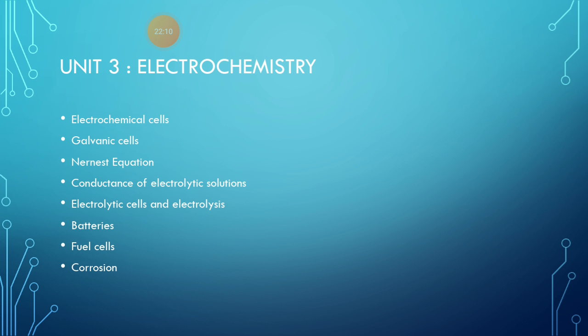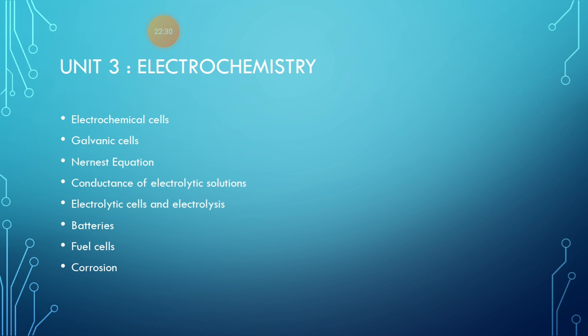Or we are going to learn how some reactions are carried out by means of electricity. So here we are referring to the topic known as redox reactions from the first year.